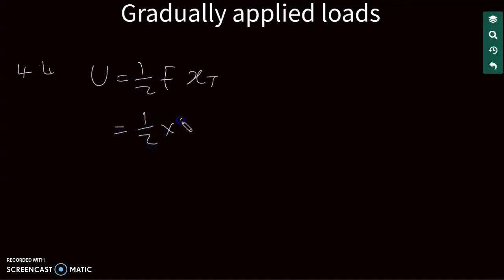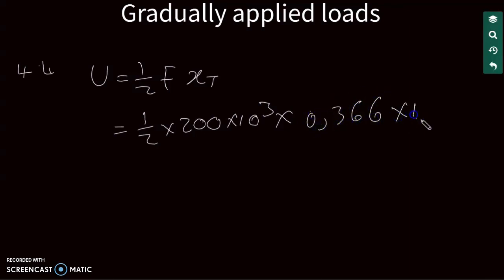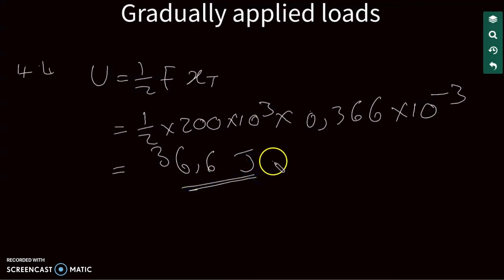Half, what is the force? 200 times 10 to the power 3, times the total change in length we just calculated, 0.366 times 10 to the power negative 3. And then what is our strain energy? I got that it is 36.6 joules. And this is how we go about answering this question.